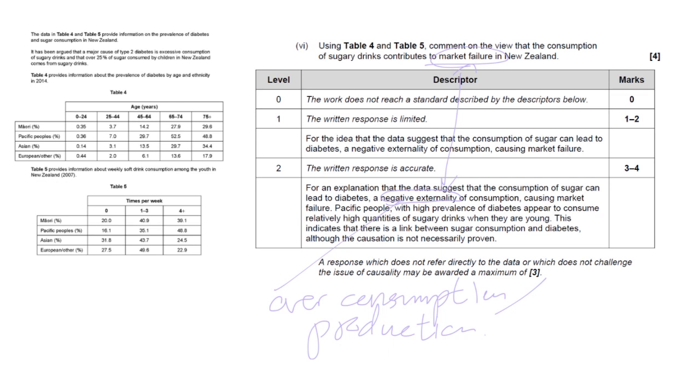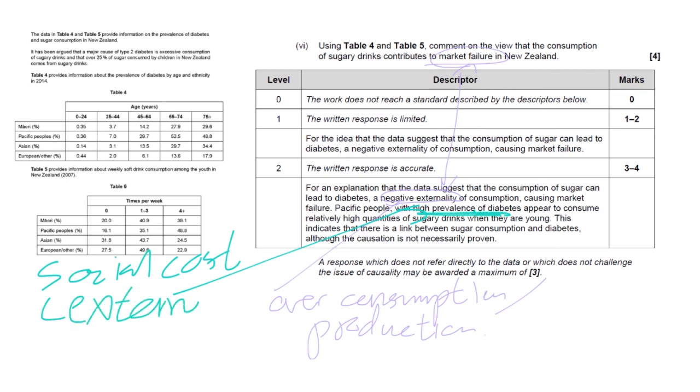As you can see here, there is a high prevalence of diabetes. These are the social costs or external costs added to the society, and people ignore this. So therefore, there is market failure. That's all for this part.